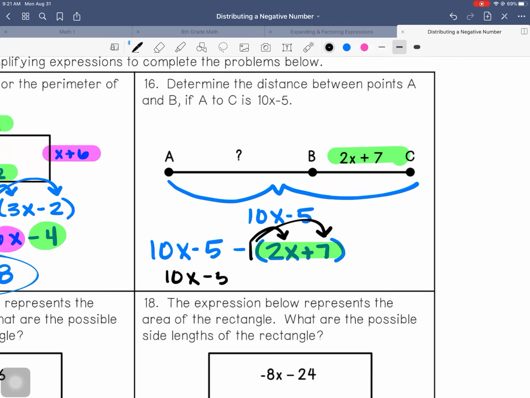So I'm going to be left with 10x minus 5 minus 2x minus 7. I have like terms. In order to be completely simplified, we have to combine our like terms. So 8x minus 12 is our final length.